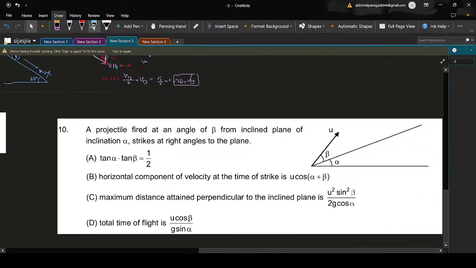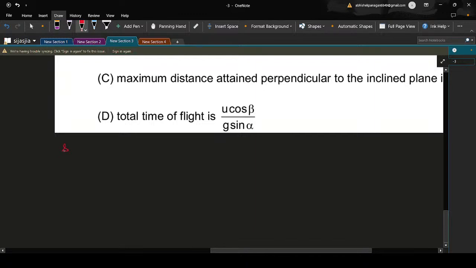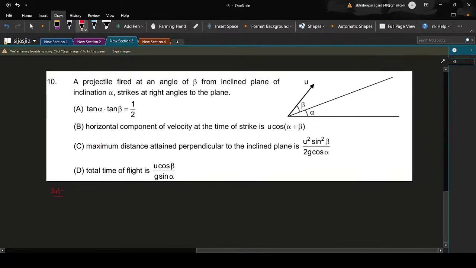The question goes like, a projectile fired at an angle of beta from an inclined plane of inclination alpha strikes at a right angle to the plane.